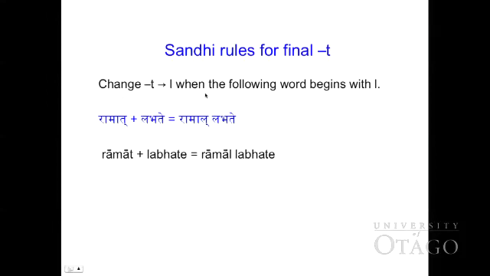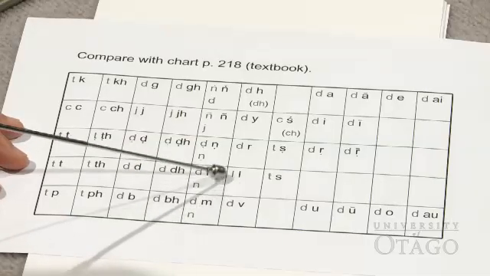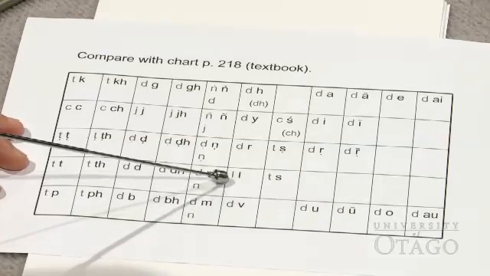Now change T to L when the foreign word begins with L, such as Lamat Labate. So it will be Lamal Labate. See from the chart over here: L following with L, so change T to L.